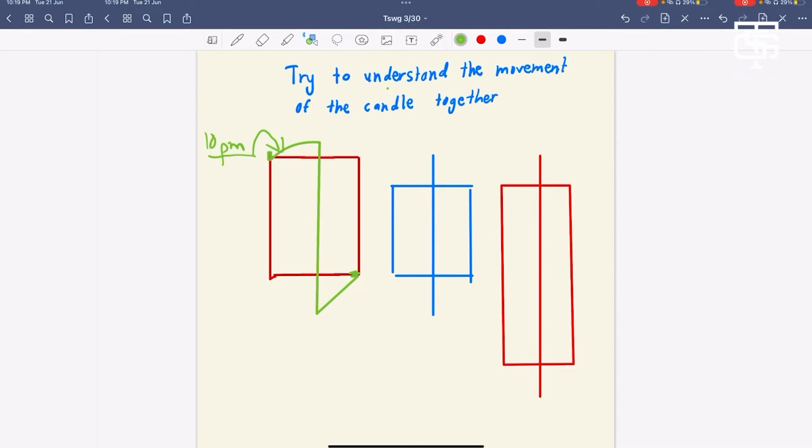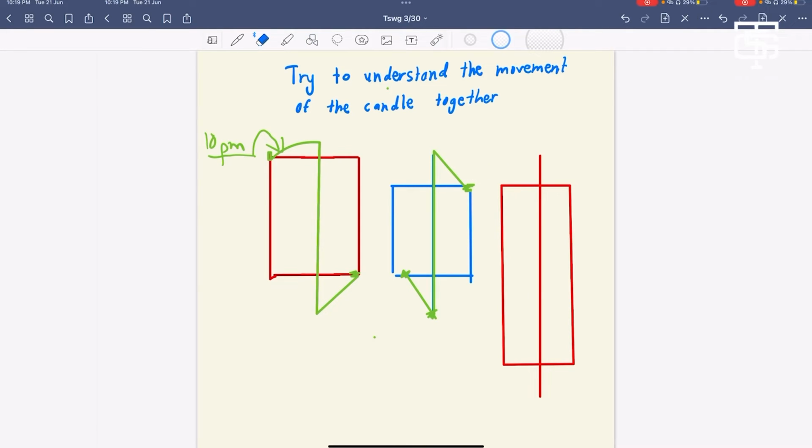This blue candle, right? It opens over here. It went down as low as this. It retraced all the way up to this point and went down to this zone to close at 6 a.m. So this is 6 a.m.